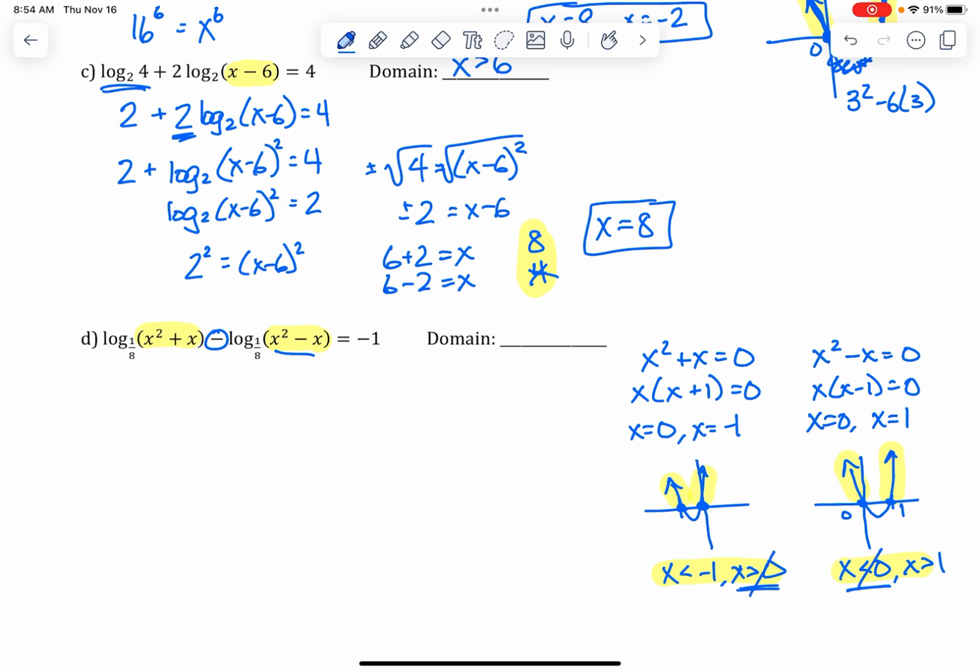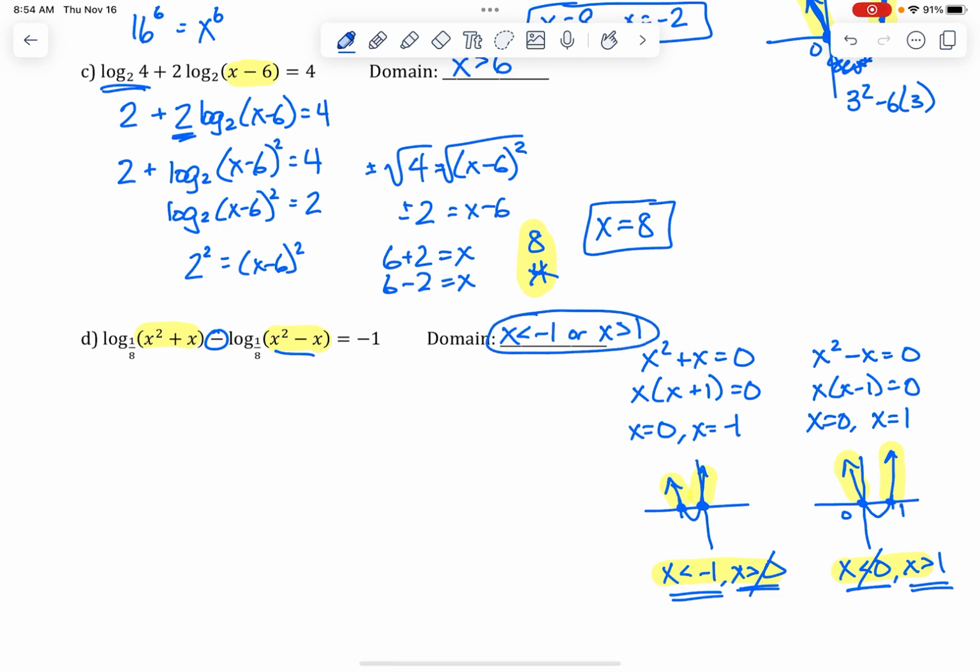So the only restrictions we have are when x is less than -1 or greater than 1. All right? So you want to look at where there's an overlap and see what is the most restrictive domain. So we have a domain where x is less than -1 or greater than 1.